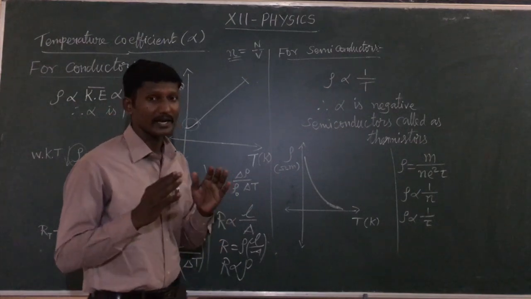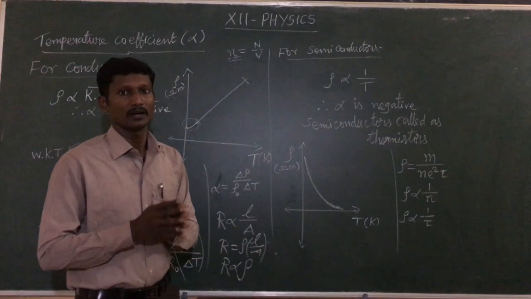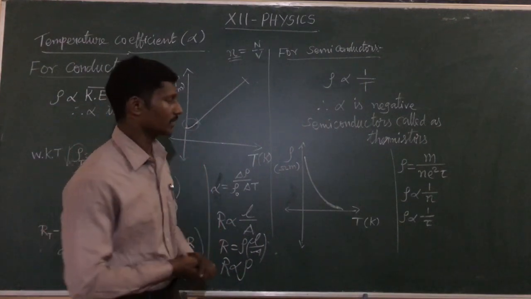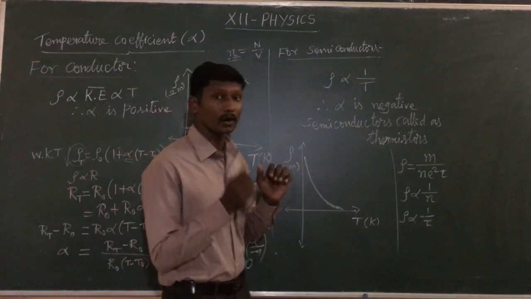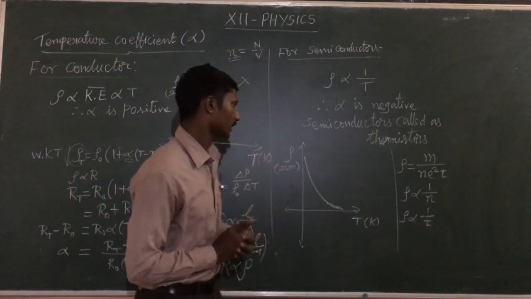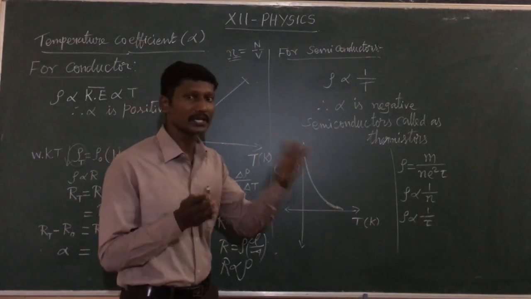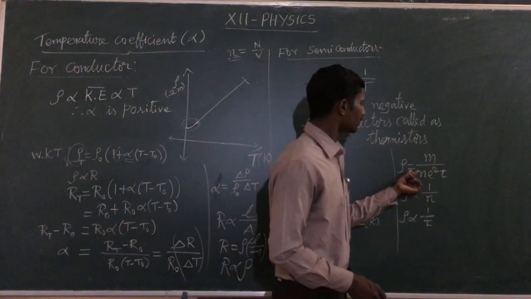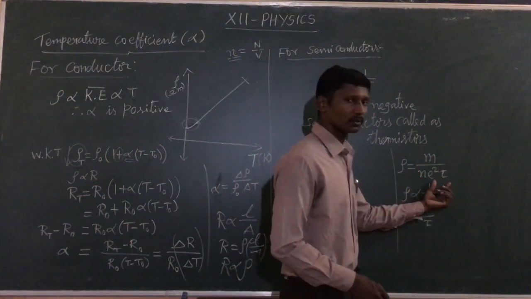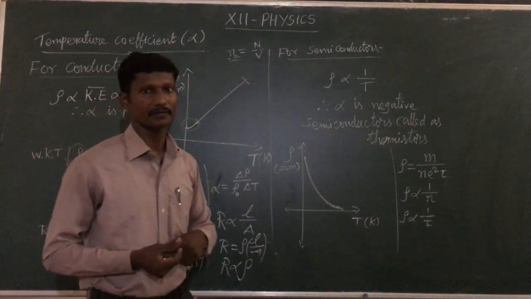At high temperature, semiconductors are better conductors. How does it conduct? How does the resistivity decrease? Here rho is equal to m by n e square tau, which we discussed in the microscopic model of current.